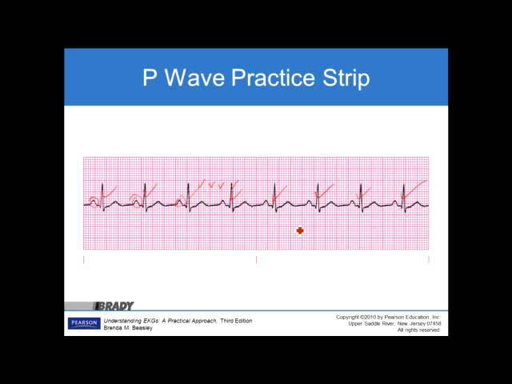So our RR interval and our 6-second strip method both turned out to be correct, and the P waves look uniform. Every one of these P waves looks like it comes from about the same section of real estate in the heart. They all look round, upright, uniform, and they are present.